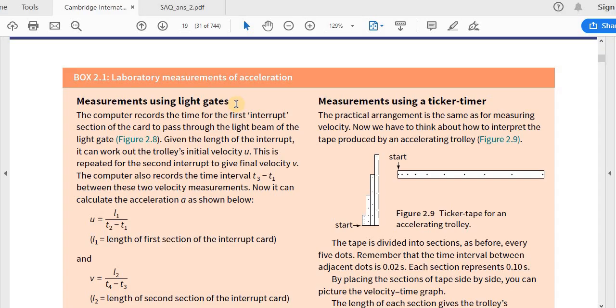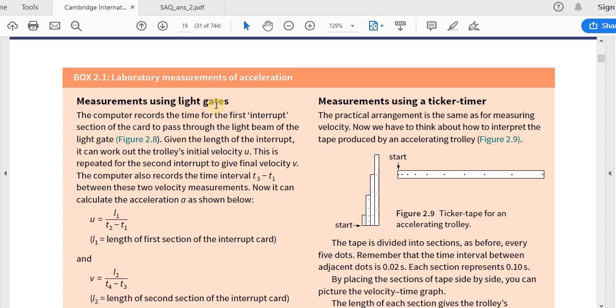There were 4 methods that we learned: using 2 light gates, using 1 light gate, using a motion sensor, and final one was using a ticker tape. In the previous chapter we learned that these methods can be used to measure the speed. Now we will learn the methods that can be used to measure acceleration.